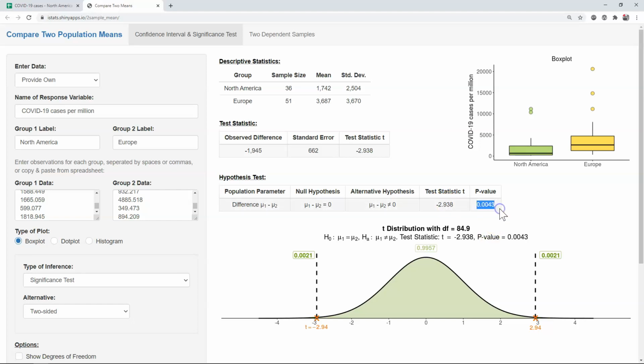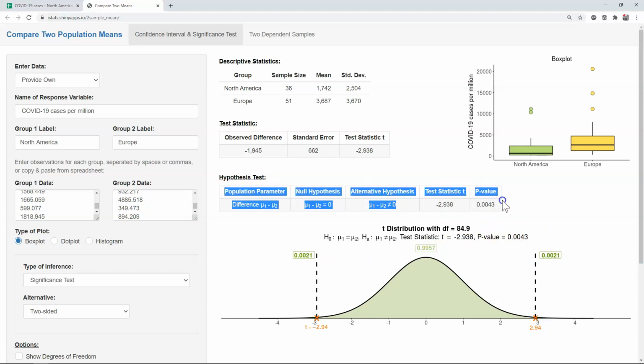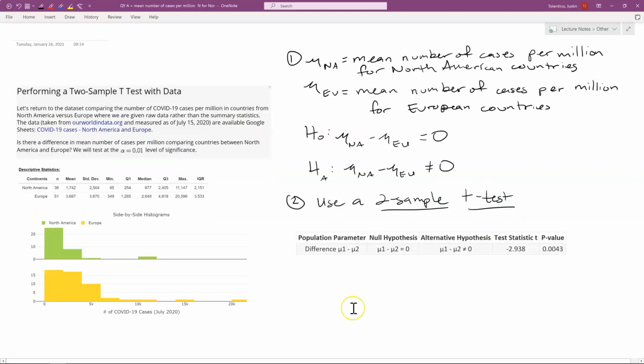And then our probability, which is the chance of seeing this data if they were in fact equal. And so what we find is a p-value of 0.0043 and a test statistic of negative 2.938 standard errors below what we expected. So let's record those pieces of information. I'm just going to copy and paste it in. And there is our step 3.